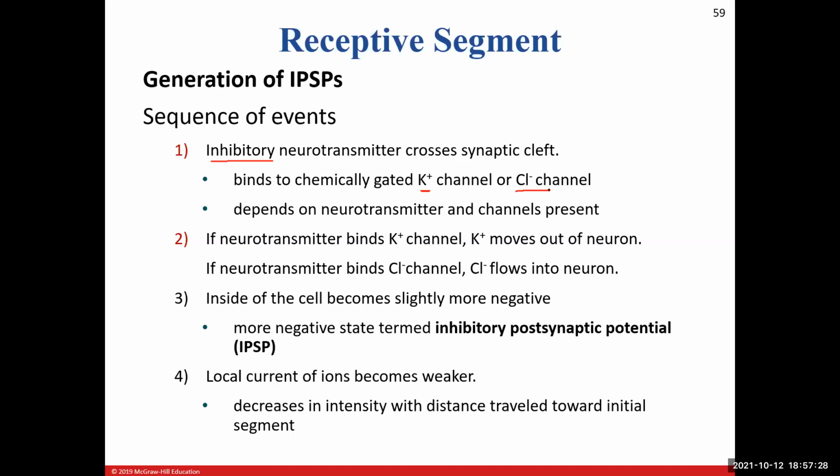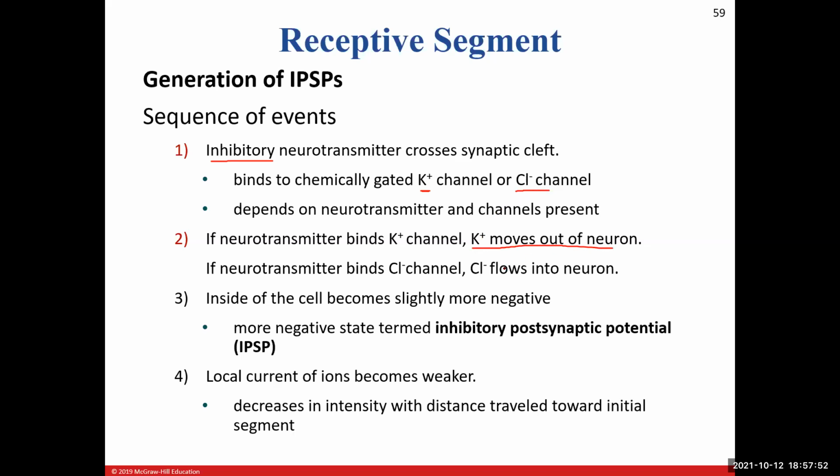Remember I said certain neurotransmitters stimulate certain chemically gated channels to open up. But regardless, if we open up the chemically gated potassium channels, then potassium moves out of the neuron, and it makes the inside of the cell more negative because potassium takes its positive charge with it.